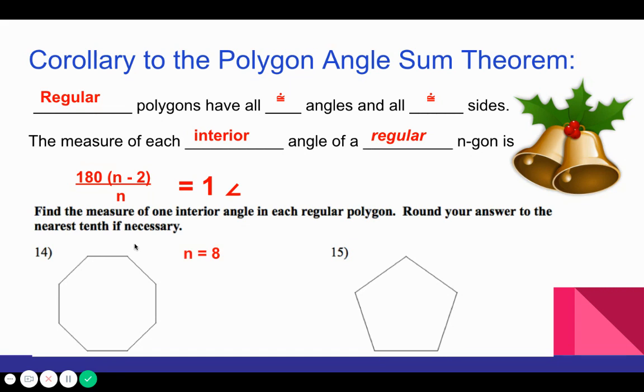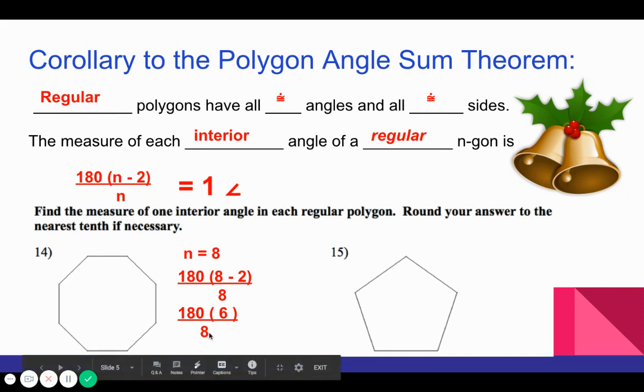So to find one interior angle here, we take 180 times 8 minus 2, so that's 180 times 6, and then divide by the number of sides. Now, in an octagon, there are 8 sides, but there are also 8 angles. So when we say n is the number of sides, it could also be the number of angles.